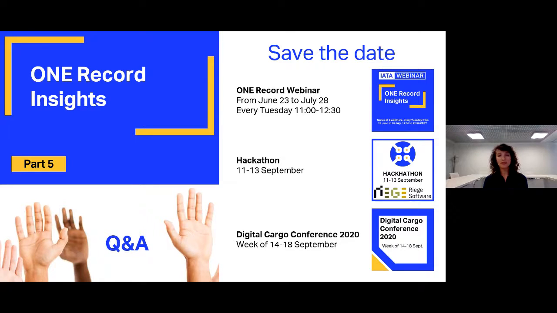Regarding the different versions of the ONE Record ontology, we are going to make sure it stays ONE Record compatible. So if you're using an old version and your partner is using a newer version, then you can both communicate without breaking the communication.